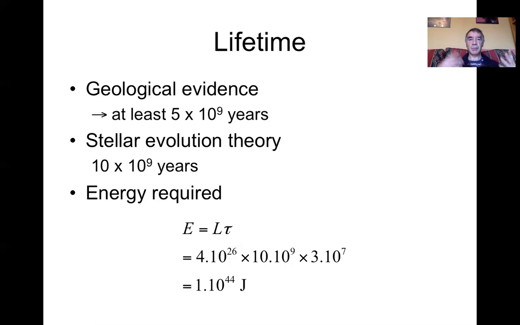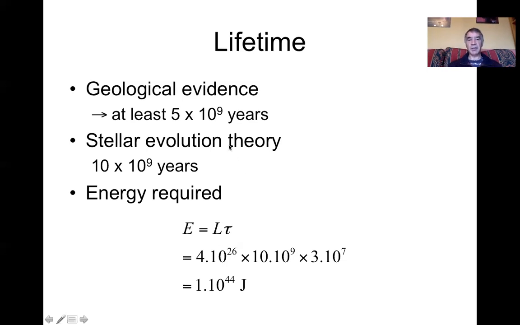It's the number of joules per second, number of watts that the sun is radiating from its surface. So let's assume that the sun has been radiating and losing energy at that rate for its entire lifetime, so that luminosity L has been constant over its entire life. So that is an assumption.